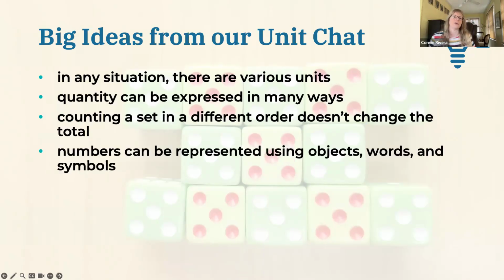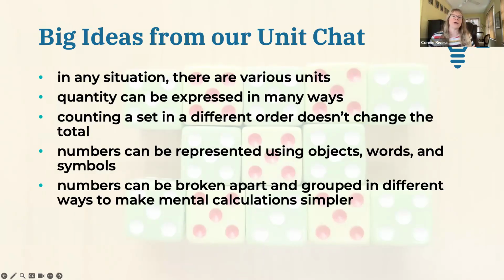The numbers can be represented using objects, words, and symbols, and numbers can be broken apart and grouped in different ways to make mental calculations simpler. We touched on some of these same kinds of concepts, and I just made this list. So this is just my brainstorm that I'm sharing with you. You had other ideas in the chat, and if we talked more about it, I'm sure there could be more.